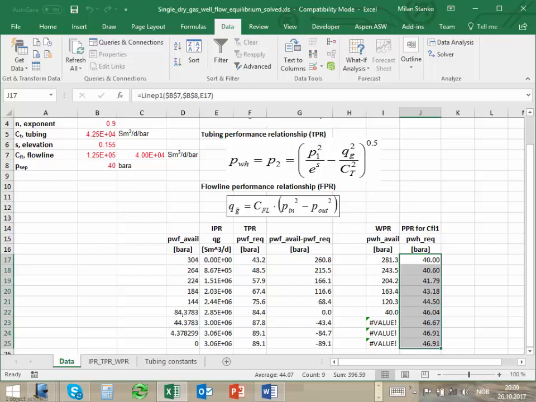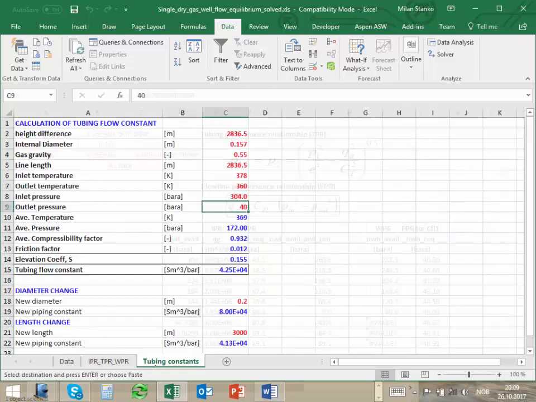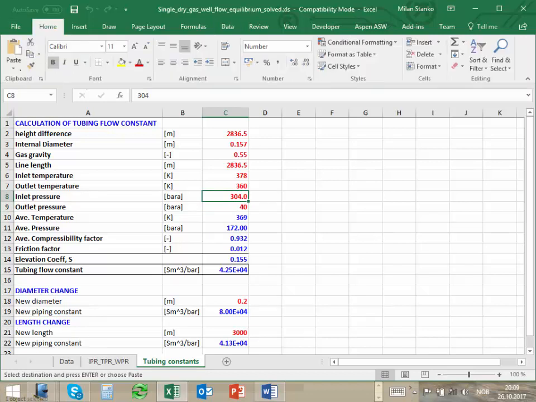So let's see now what will be the effect of this pressure on my CT. We now copy this pressure, 84, to the tubing constants and use it as the inlet pressure. That's the real inlet pressure to the tubing. So let's paste it there. And now instead of getting 425, I got 419.